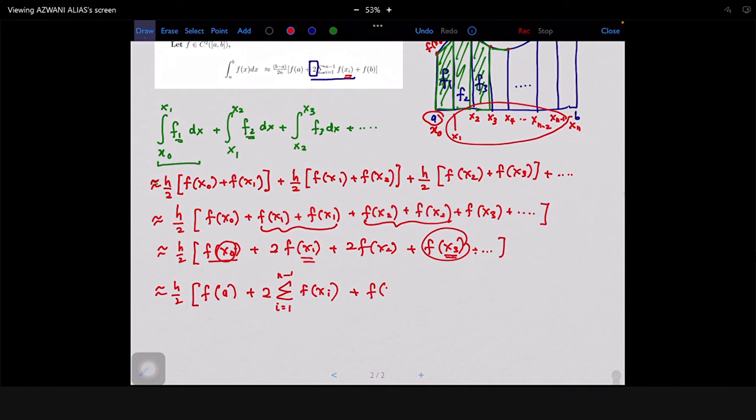So fb. So maksudnya untuk trapezoidal rule, point first and point last dia adalah tak perlu darab dengan 2 lah. Maksudnya dia adalah single. Yang titik tengah ni semua perlu darab dengan 2. Alright, so ataupun kita boleh tulis sebagai b minus a divide by 2n. Sekejap.